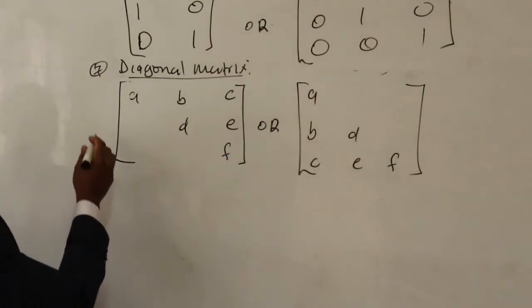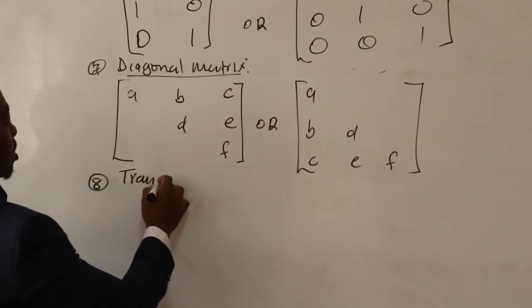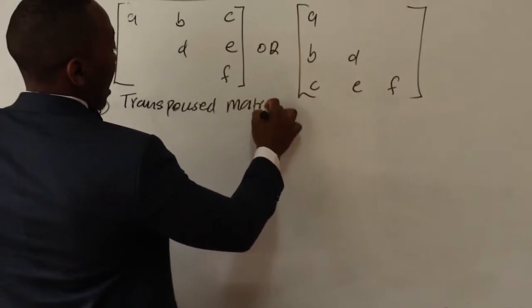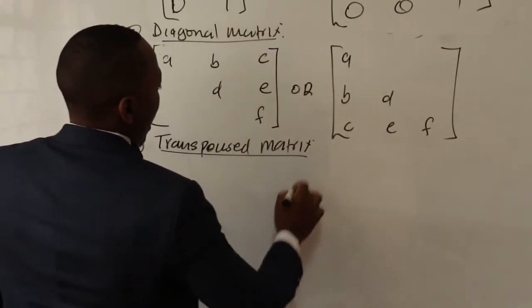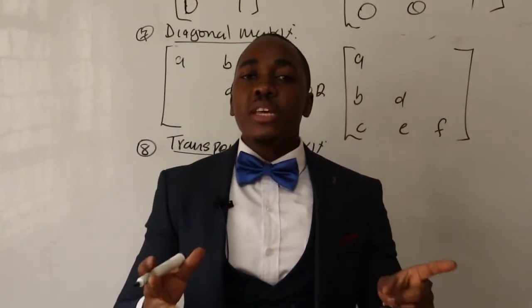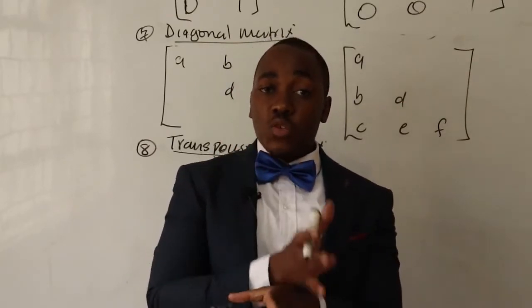And lastly, number 8, we have what we call a transposed matrix. What's a transposed matrix? A transposed matrix is a matrix whose rows and columns have been interchanged. So the rows become the columns and the columns become the rows.